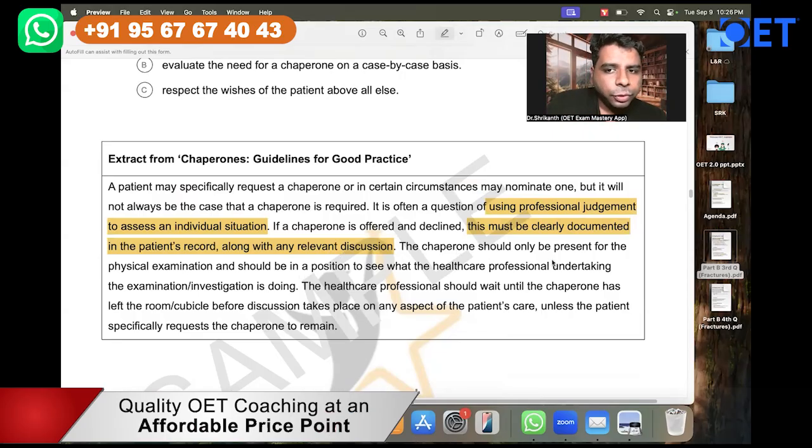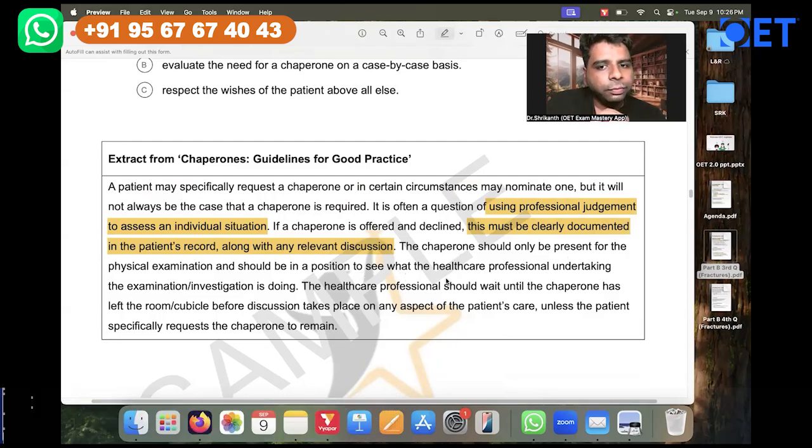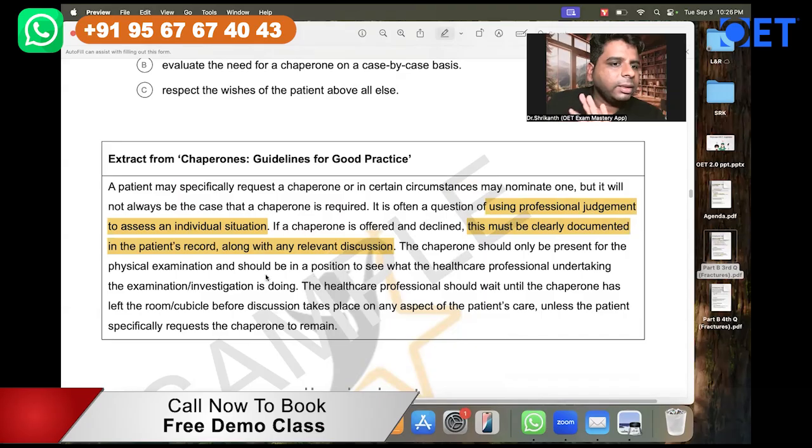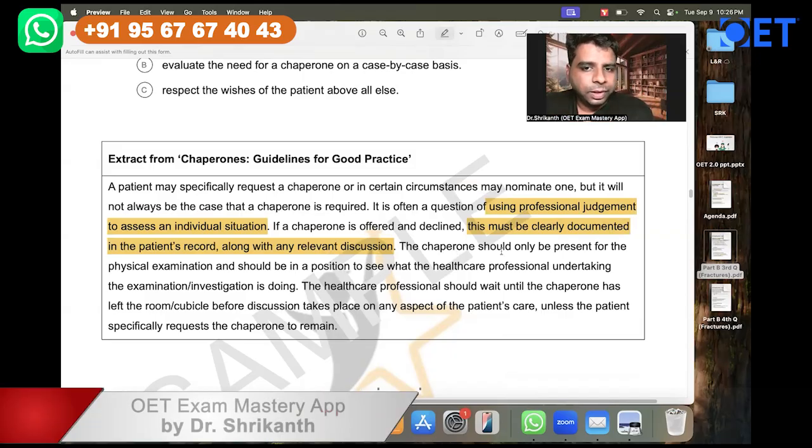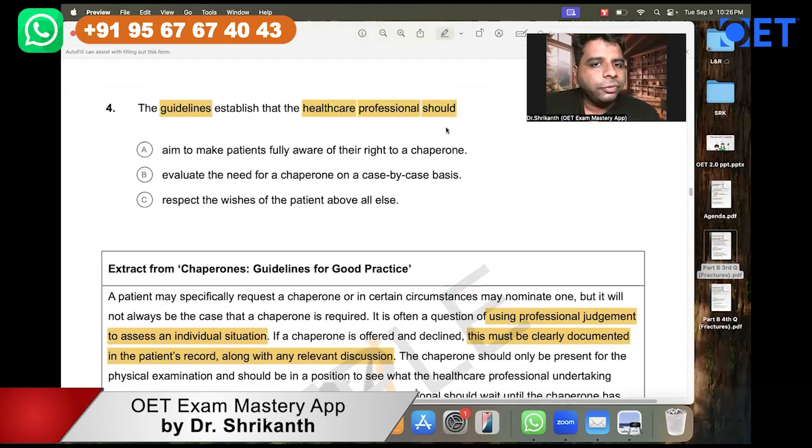The chaperone should only be present for the physical examination and should be in a position to see what the healthcare professional undertaking the examination or investigation is doing. Now see, this sentence is what the chaperone must do. But what is your duty? Your duty is to find what the healthcare professional must do.